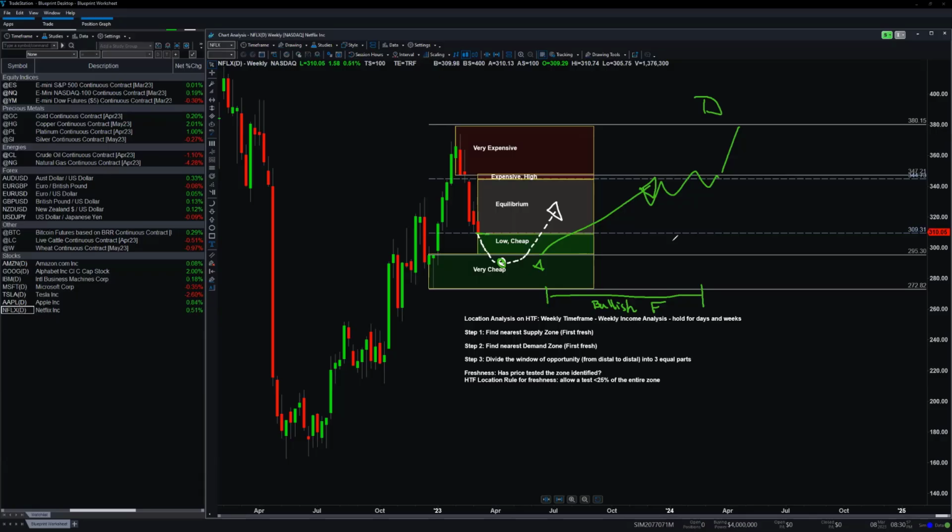What's really difficult is to find a good entry, a good stop loss, and to time the market efficiently so that this trade is profitable, so that you can be a profitable trader in the long run. That's really the difficult part of the story. We'll talk about that a lot when we talk about step 3 of the process.